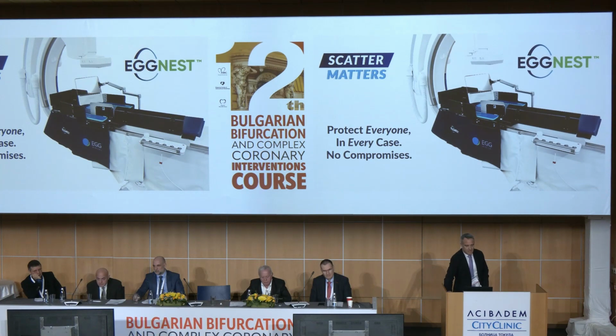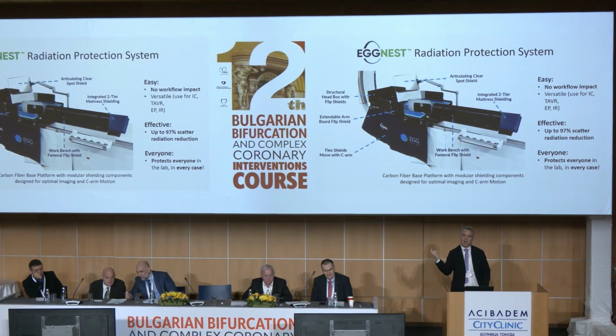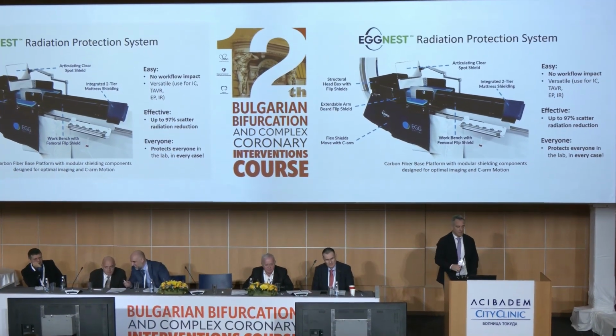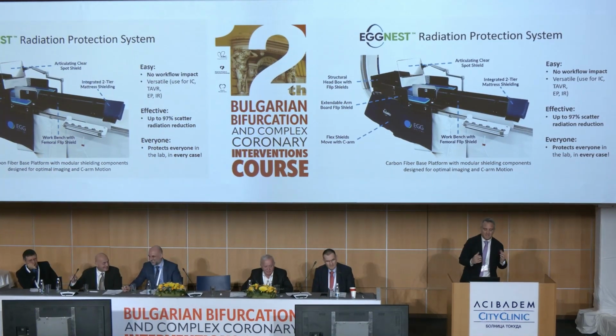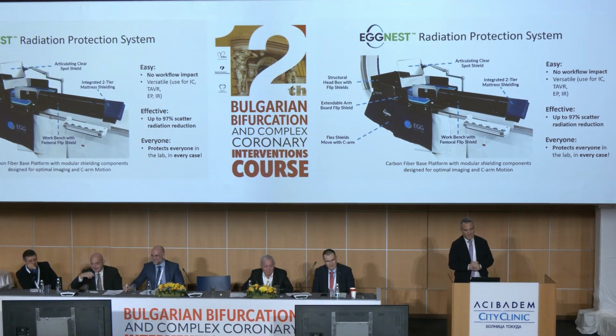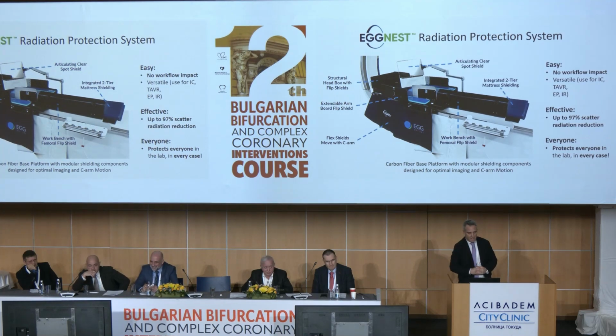AgNest is a system that you basically put around the table, and it reduces scattered radiation. You can see on the picture how it is made, and you can basically put the protection all around the table, so the scattered radiation from below the table, which is the worst one and the biggest one, gets reduced.